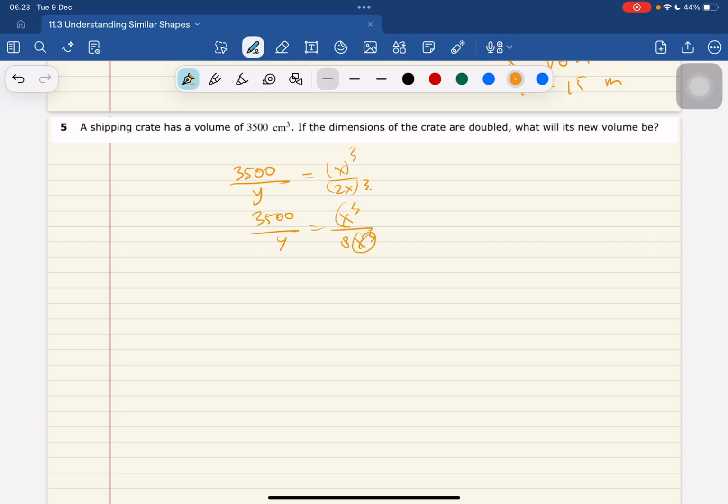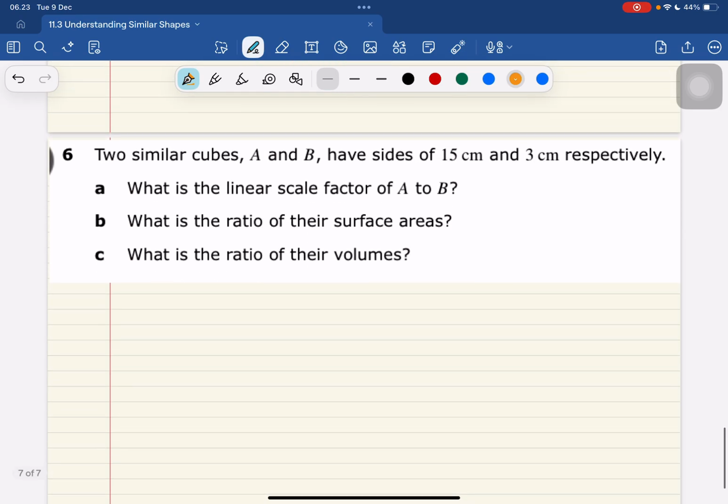So we can cancel it. So y equals 8 multiplied by 3500. So 8 times 3500, the new volume is going to be 28,000 centimeters cubed. Okay, number 6.